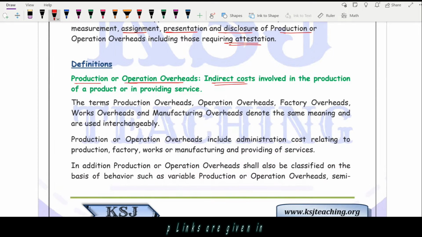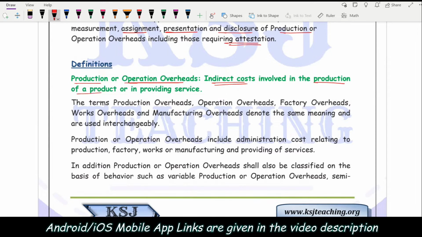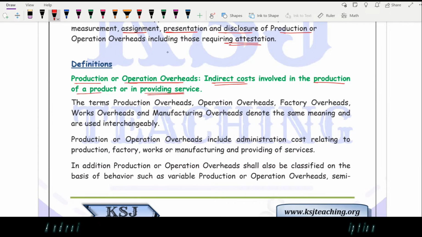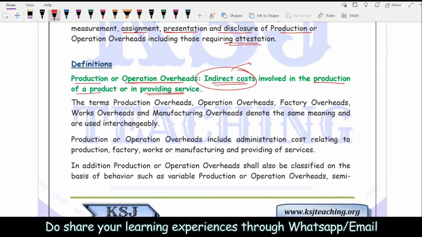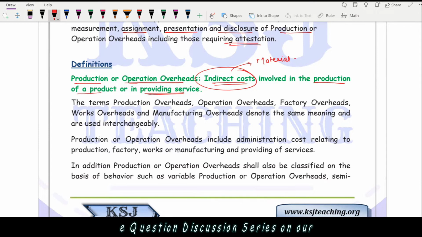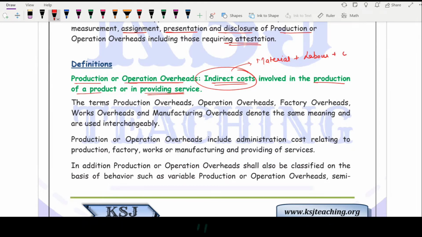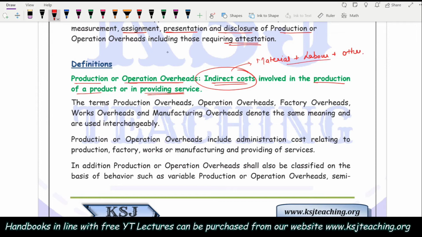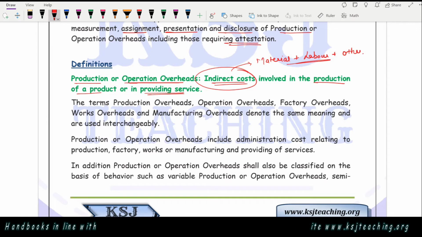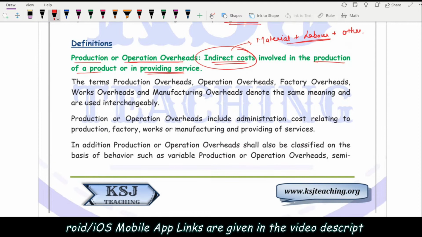Indirect cost involved in the production of a product or in providing services. This indirect cost can be related to material also, right? This can be related to labor also, and other indirect costs also. So all types of indirect cost that is involved in the production of a product or providing service.